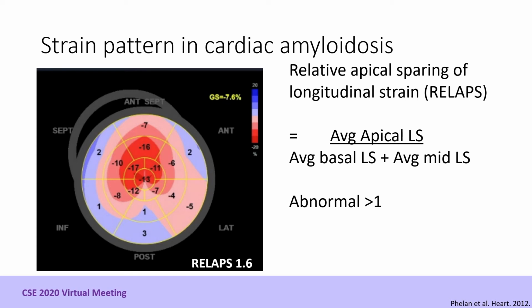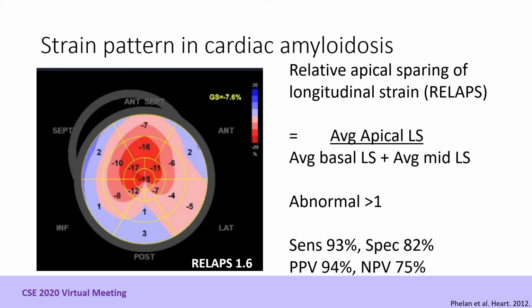In this example, the ratio was 1.6, which is abnormal, even though this cherry looks like it might be anteriorly displaced. The sensitivity is 93%, specificity 82%, with a positive predictive value of 94% and a negative predictive value of 75%.